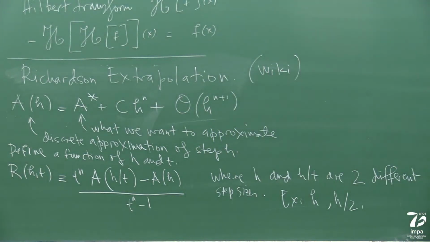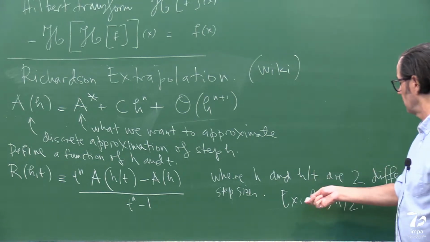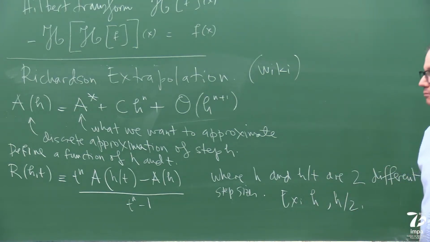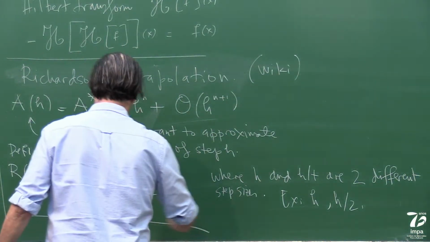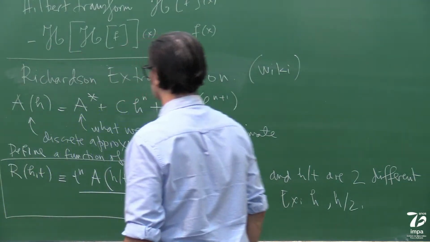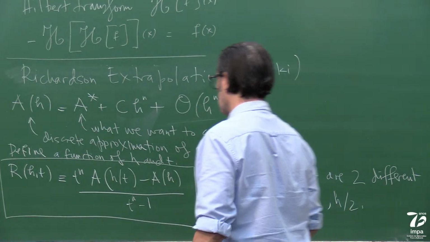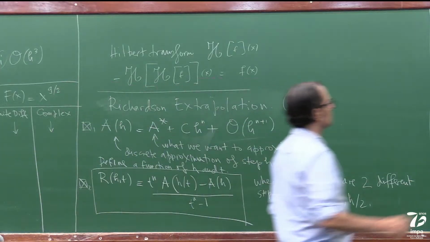Okay, so basically then just think of H and H over T as two different step sizes. So if T is 2, you have H and H over 2. Okay, so you take this function, and now you substitute square 1 into square 2.